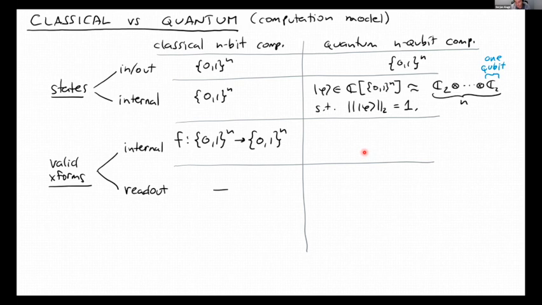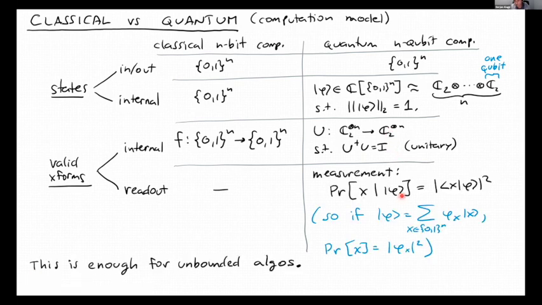And you might remember from the qubit that for transformations we also have two classes. We have valid internal transformations, which will be unitary operators, now just acting on a much bigger space, so linear operators preserving the norm. And we're also going to have a valid readout transformation, which will just be this measurement.